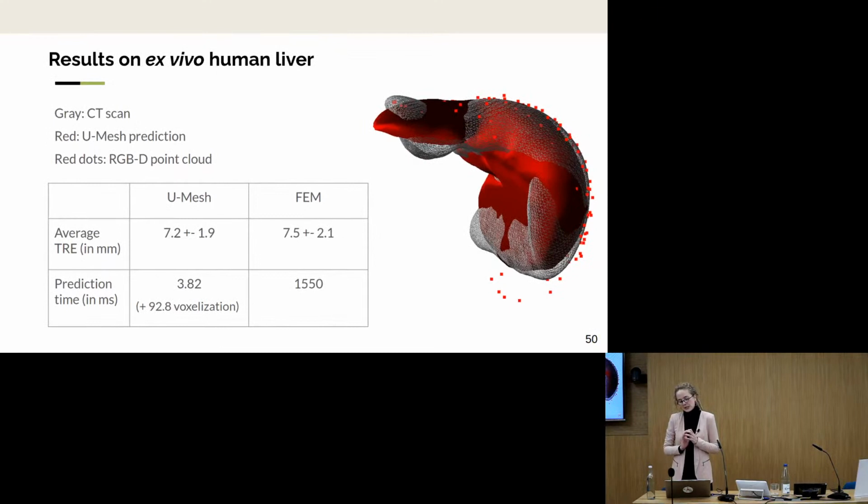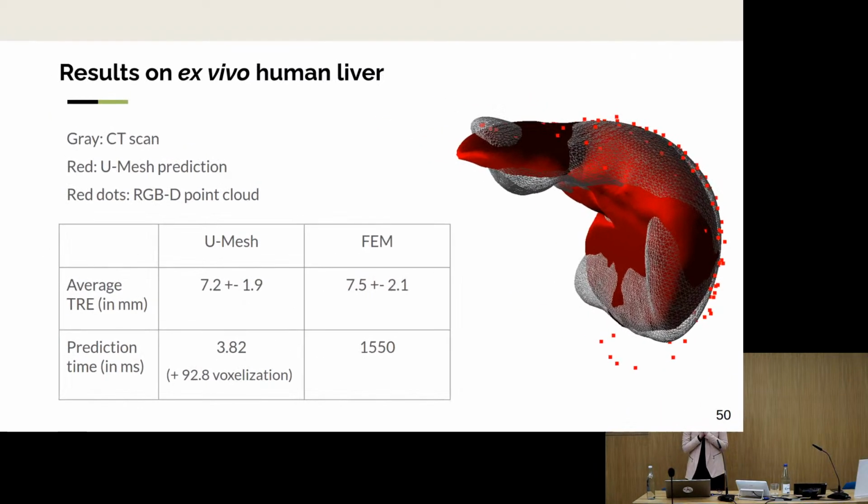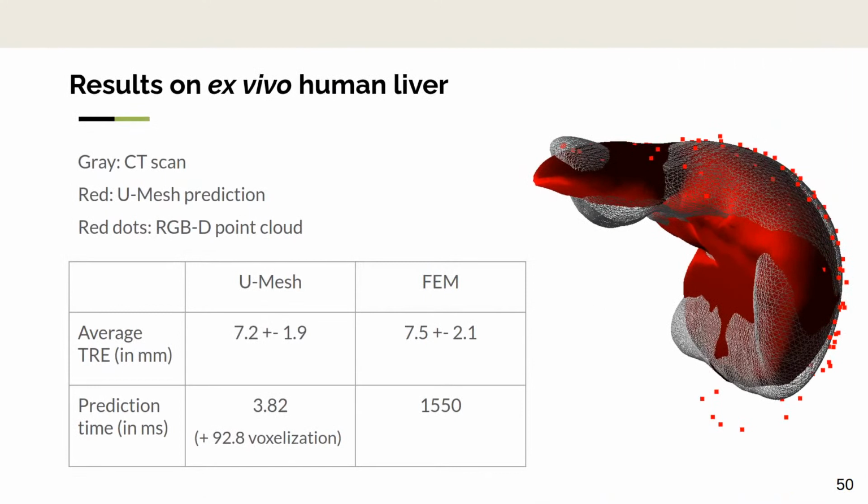The UMesh prediction is here displayed in red. The first thing we can notice is that the point cloud is not only noisy, but also has some outliers. There are some points below that do not correspond to any visible part of the surface. And still the UMesh is robust to these outliers.